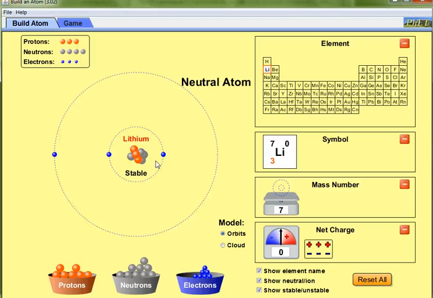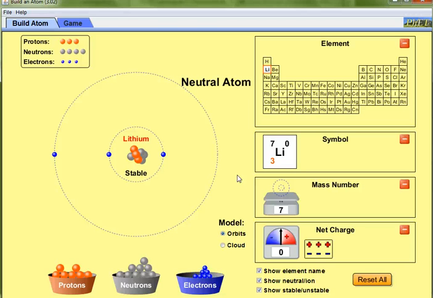So if you look back at the gold atom, gold had 79 protons, and I forgot how many neutrons it had. Do you guys remember how many neutrons gold had? 118 neutrons.